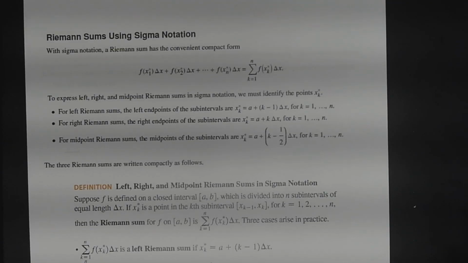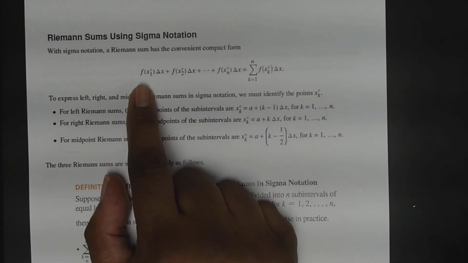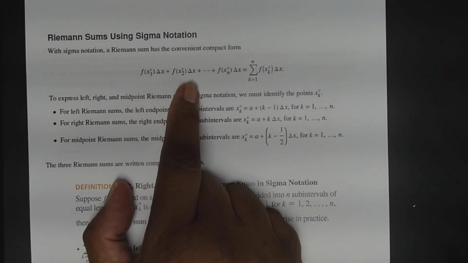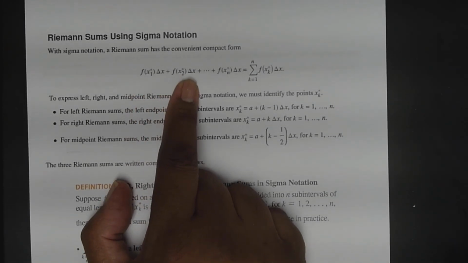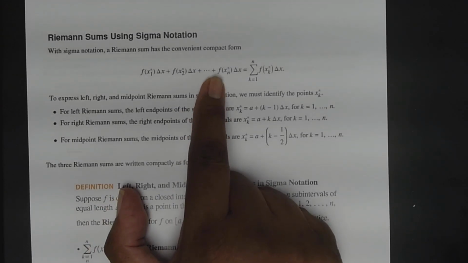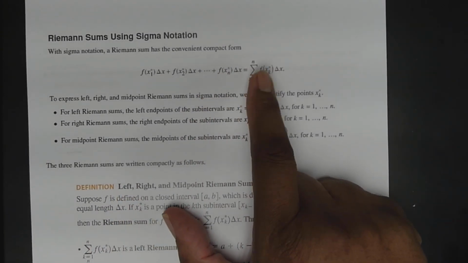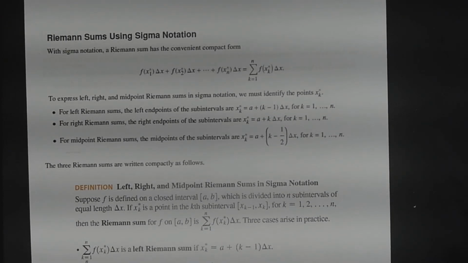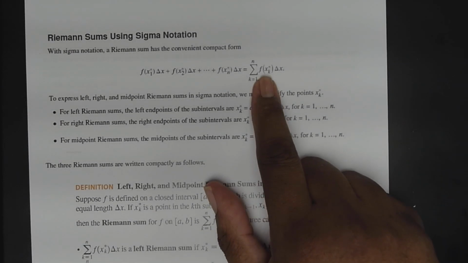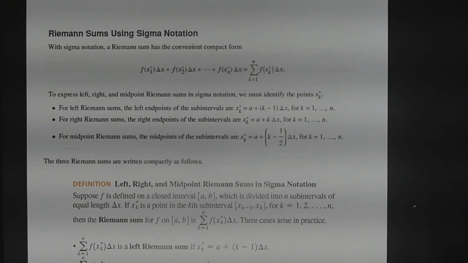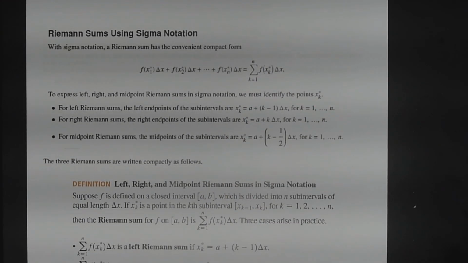So with sigma notation, a Riemann sum has the convenient compact form of this: f of x star sub 1 times delta x plus f of x star sub 2 delta x plus and so on up to f of x star sub n delta x. That's going to be this right here. The summation for k equals 1 to n of f of x star sub k times delta x. That's the more compact form.